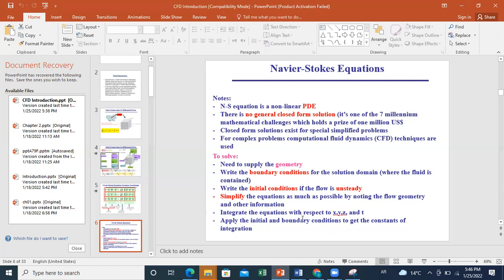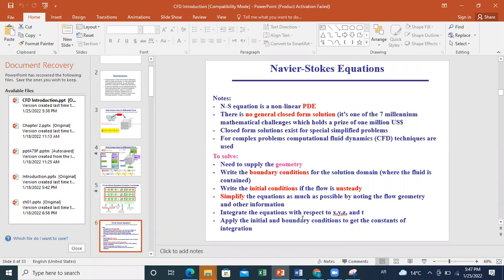Sometimes, if you have a certain problem where radiation effect is not very important, no need to model radiation. You just enable the normal energy equations, including conduction, convection, etc., without taking radiation into consideration. So it depends on your problem. You should try to simplify as much as possible, because the more simplifications you do, the faster you can reach the solution.